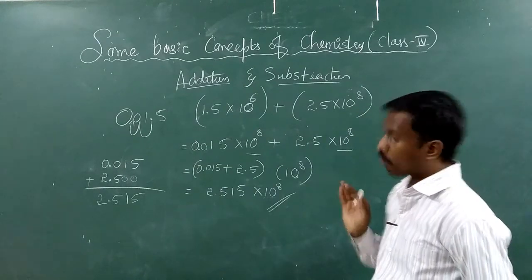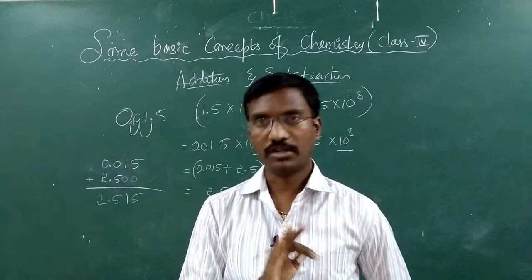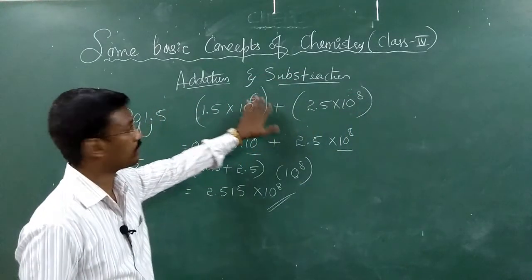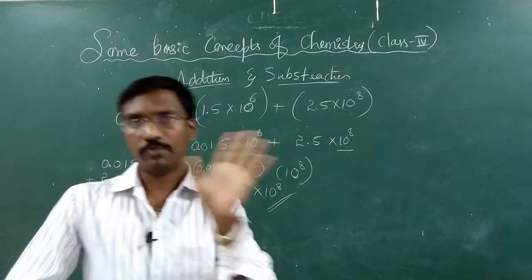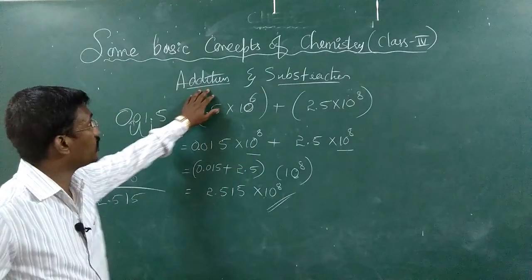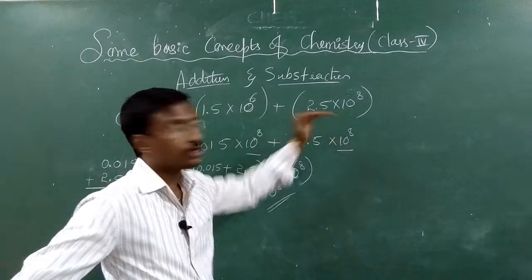What you have to observe here: to do multiplication and division, there is no need to observe the powers, whether the power is plus or minus, whether they are near or not. We just add or subtract the powers. But by doing addition and subtraction, we must make sure that the powers are the same.